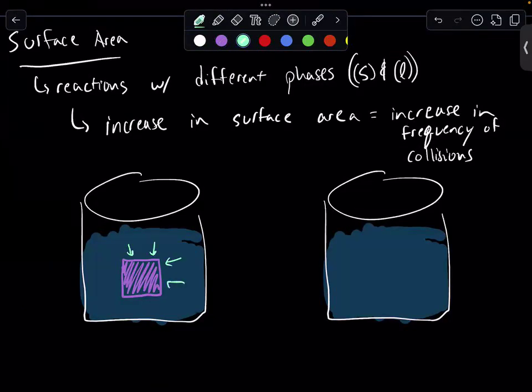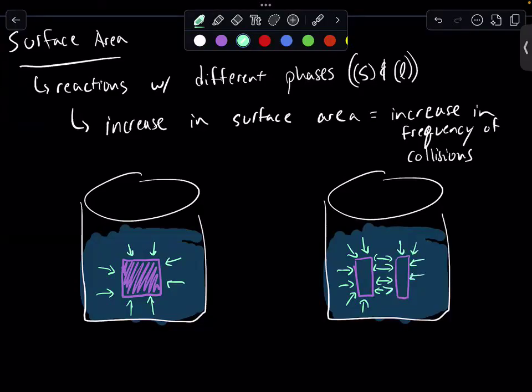The inside of the particle is not going to react because it's still touching other insides of the particle. If we, however, cut this particle in half, now we expose another entire side to it that the liquid can interact with. And so by increasing the surface area, we are increasing the amount of area that particles can react. We are increasing the frequency of those collisions.